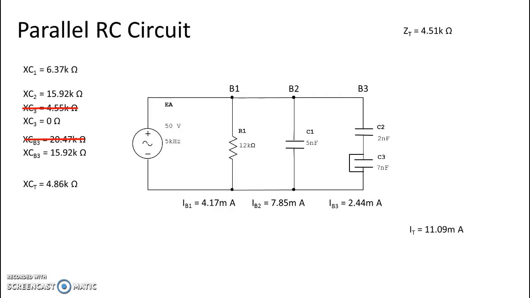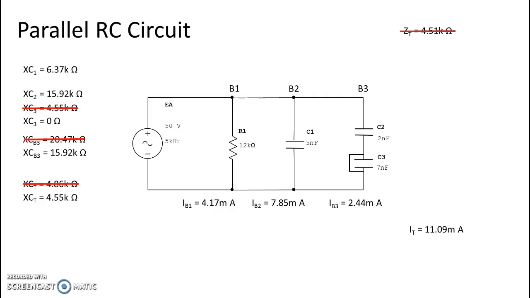Now, with a decreasing capacitive reactance in branch 3 and a capacitive reactance staying the same in branch 2, we are expecting our total capacitive reactance to go down. And it does. It goes from 4.86K to 4.55K.